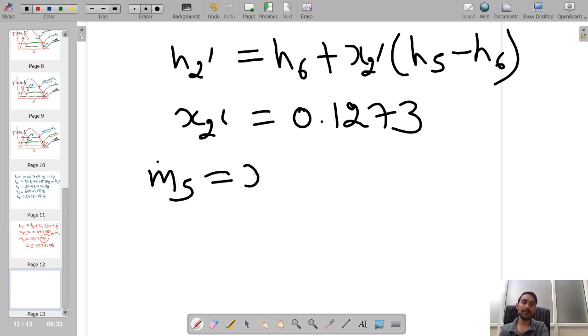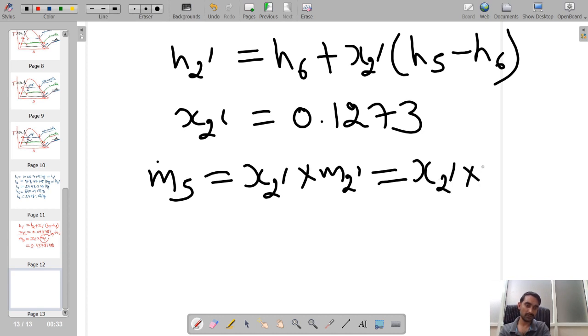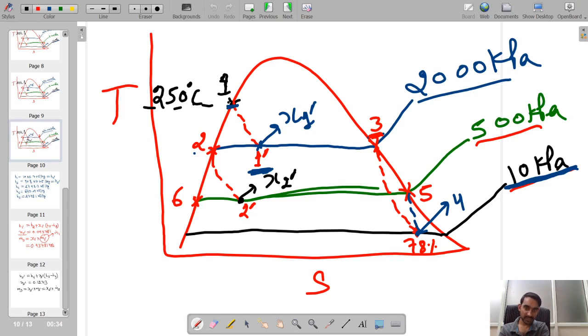Now we know that mass at 5 will be equal to X2 dash into mass at point 2 dash, and mass at point 2 dash is m2. Now what is mass at point 2? Mass at point 2 is nothing but mass at point 1 dash minus mass of 3.